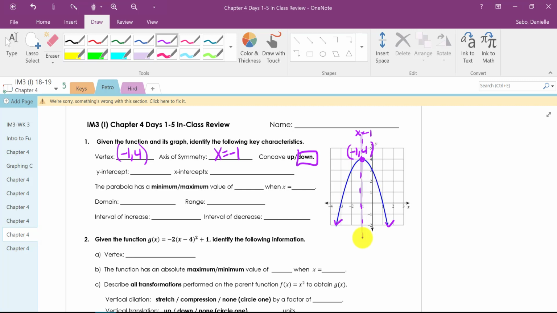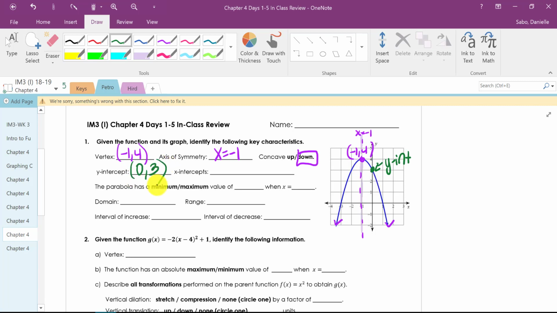But let's take a look at your y-intercept. Your y-intercept is where it crosses this y-axis right here. Your y-intercept is going to be at 0, 3, because you don't go left or right anything, but you do go up 3. So we go left, right, 0, and up 3, which is what that means on the coordinate plane.